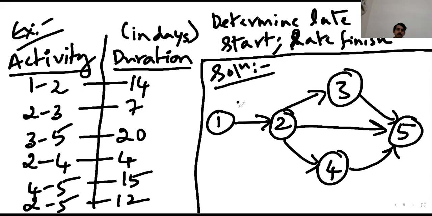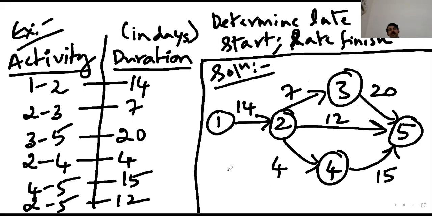The durations: 1-2 is 14, 2-3 is 7, 3-5 is 20, 2-5 is 12, 2-4 is 4, and 4-5 is 15. Okay, with this clarity, you can go ahead and calculate different values for E1 until E5.